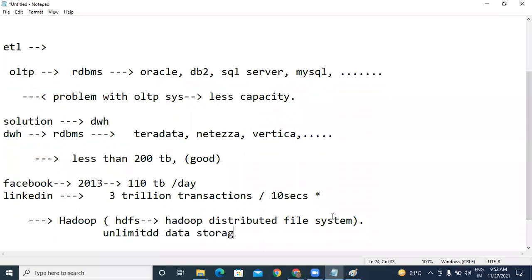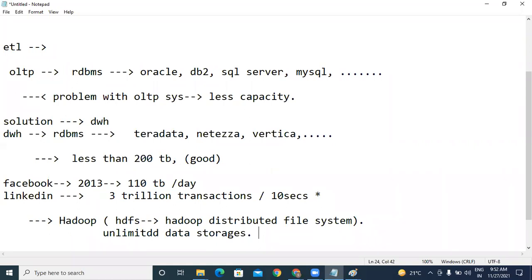How unlimited data storage is possible, in later discussions we will see. By taking inspiration from HDFS, that means Hadoop Distributed File System, data lakes came into the picture in the cloud. The same data lake in Azure is available as Azure Data Lake. Azure Data Lake is offering you one thing, unlimited data storage.